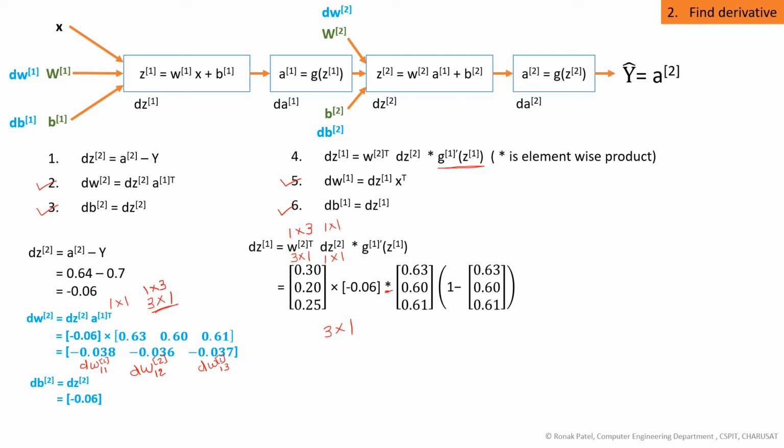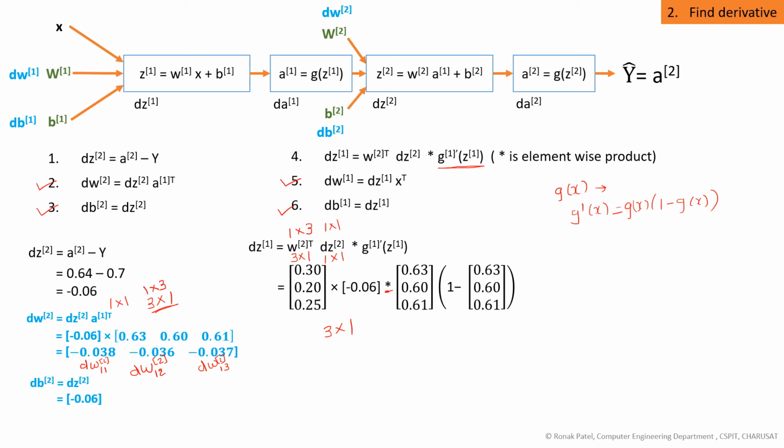This is an element-wise operation, and this is the derivative of your activation, the sigmoid activation function. What does it indicate? If g of x is your activation, then the derivative g dash x is equivalent to g of x into 1 minus g of x.